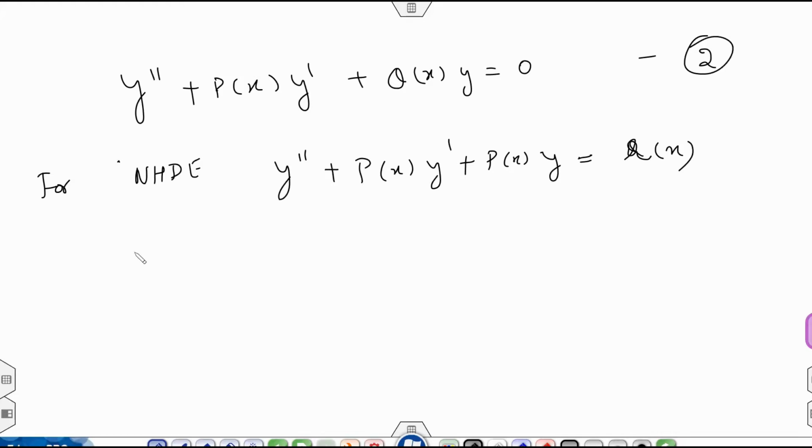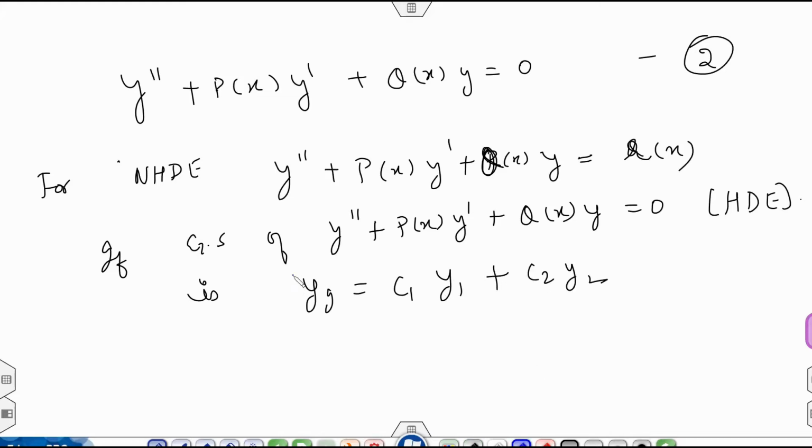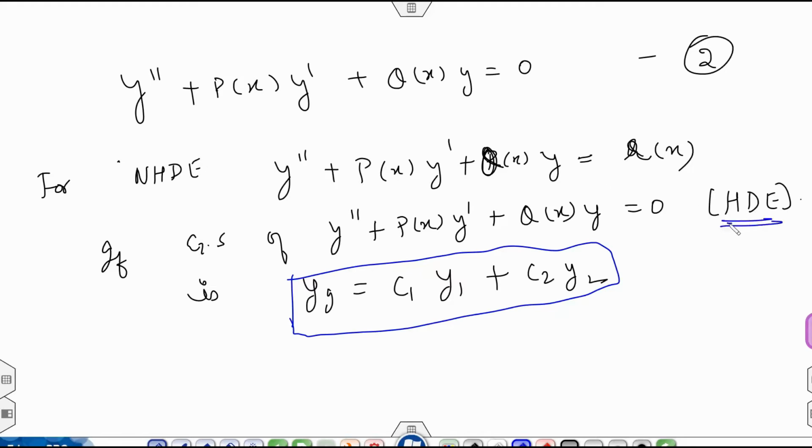If the general solution of the homogeneous part, y double dash plus p(x) y dash plus q(x) y equal to 0, is yg equal to c1 y1 plus c2 y2, suppose you solve the homogeneous differential equation and get the general solution like this.